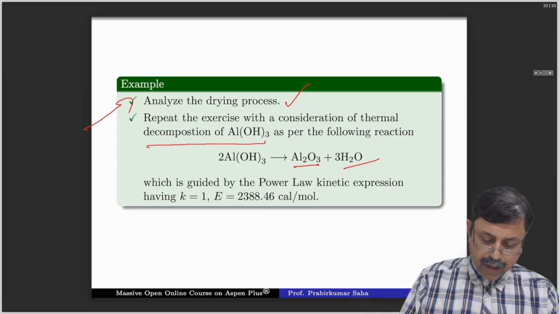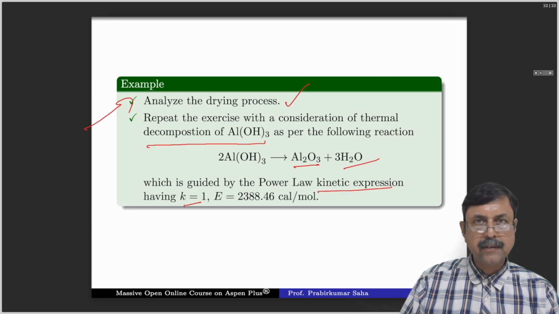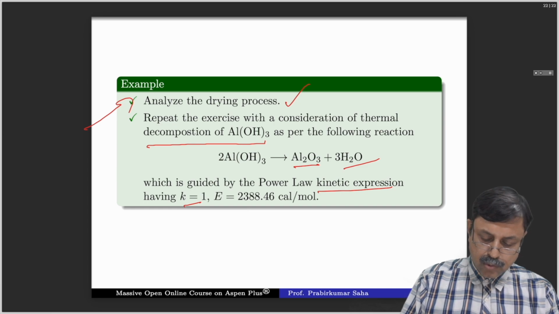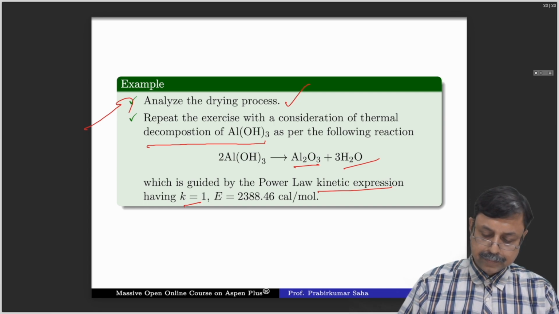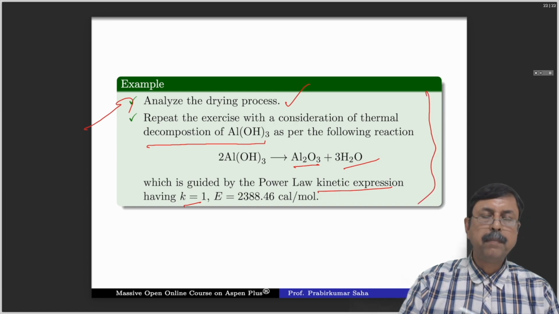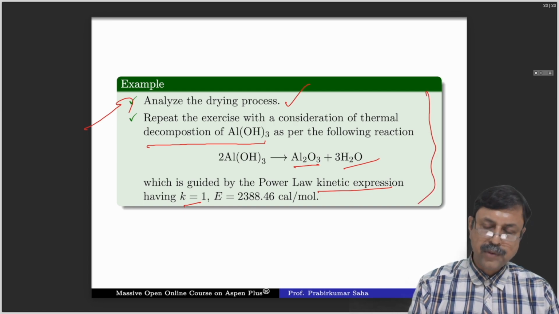This is guided by a power law kinetic expression with k equal to 1 and E, that is the activation energy, 2388.46 calorie per mole. So this is the complete problem that we have to solve.